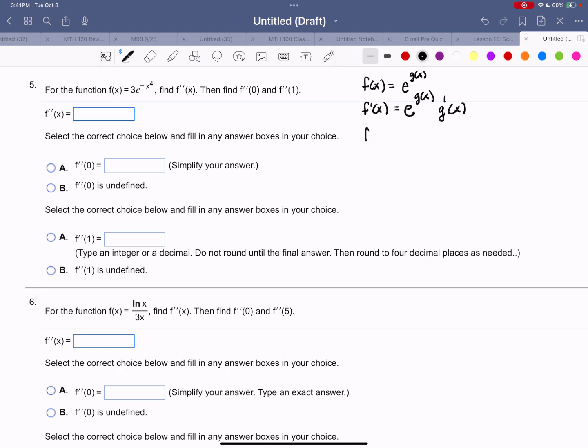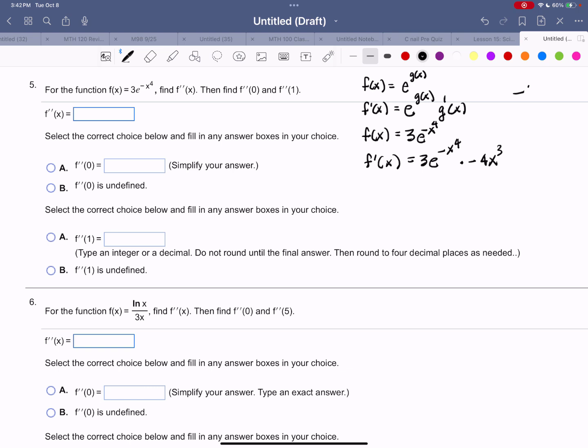So for us, f of x is 3e to the negative x to the 4th. So the first derivative is 3e to the negative x to the 4th times negative 4x to the 3rd, right?